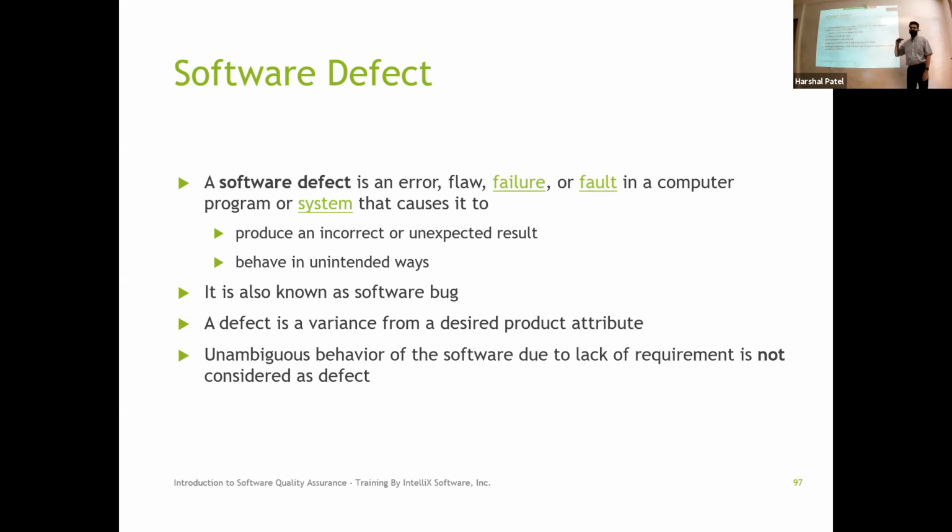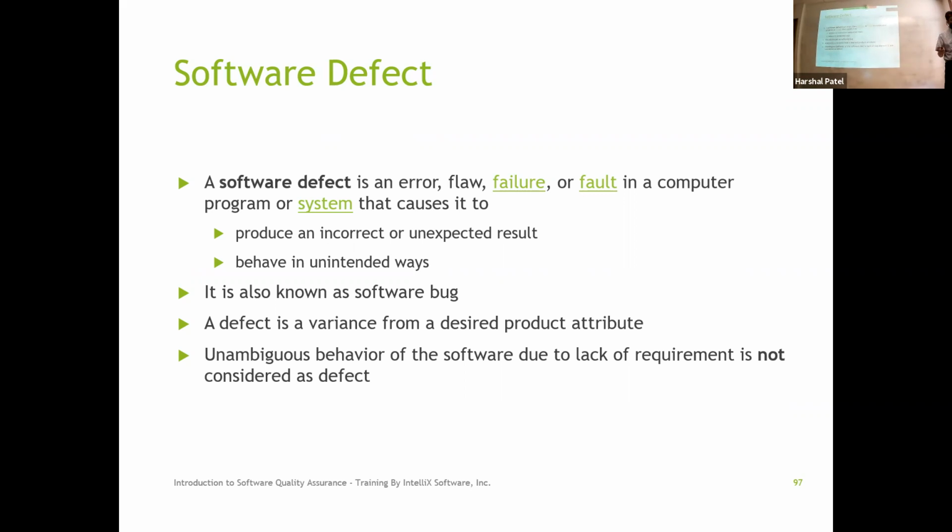Most important thing to think about it is if you fail to provide clarity in the requirements, and because of that, the software is behaving a little bit different than what you expected, that's not called a defect. So that's why going back to the 3C and a T, do you really clearly understand what the system is expected to do?